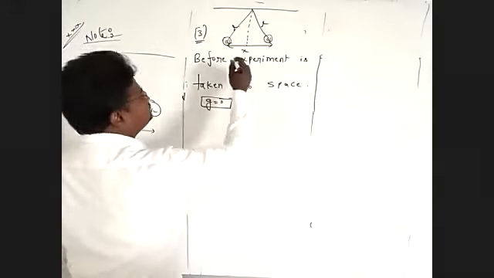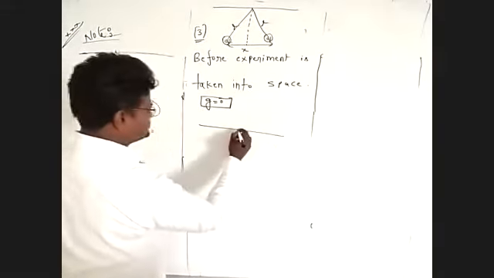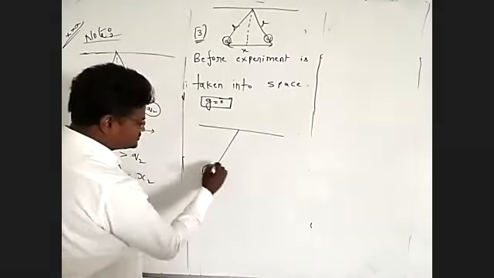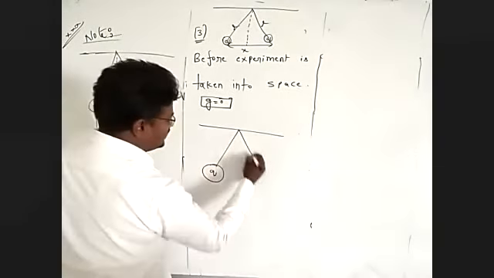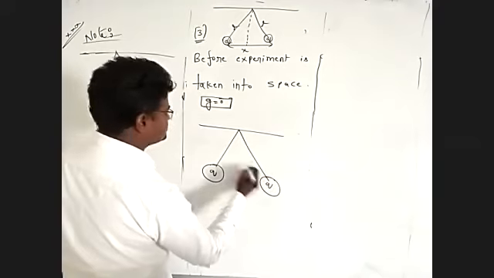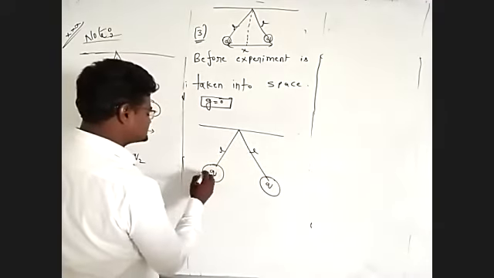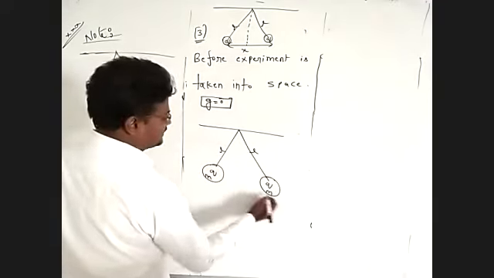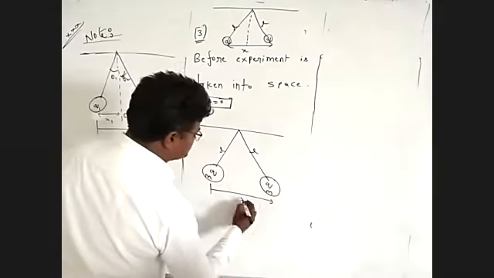Now, I'm taking the above experiment. Initially the charge is Q, and this is also a charge Q. The mass is also m. The distance between the two charges is x.